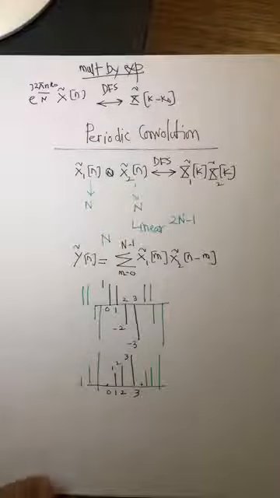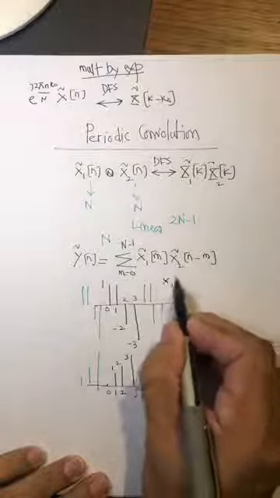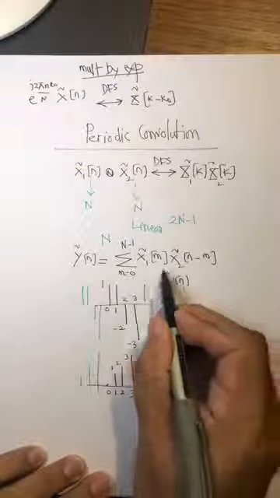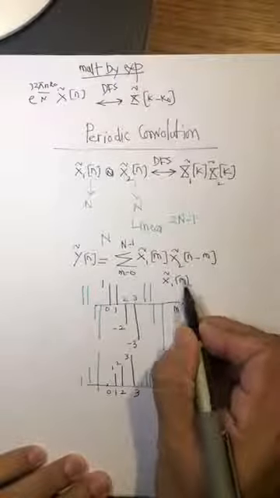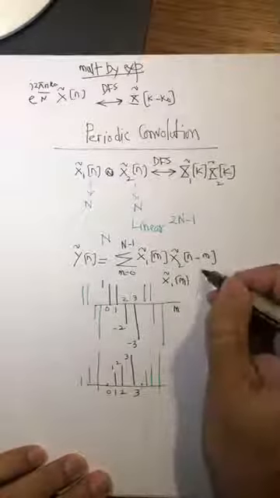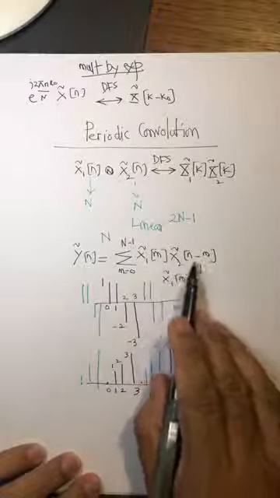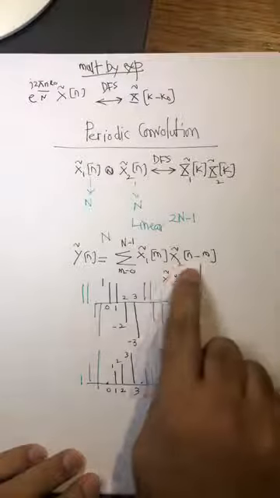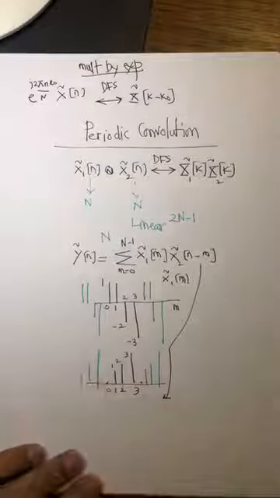First thing is simple: if it is x1 tilde of n, then x1 of m, instead of n you write m. This is simple. The difficult part is how to figure out x2 tilde of n minus m. First, x2 tilde of minus m means you have to circularly flip it.